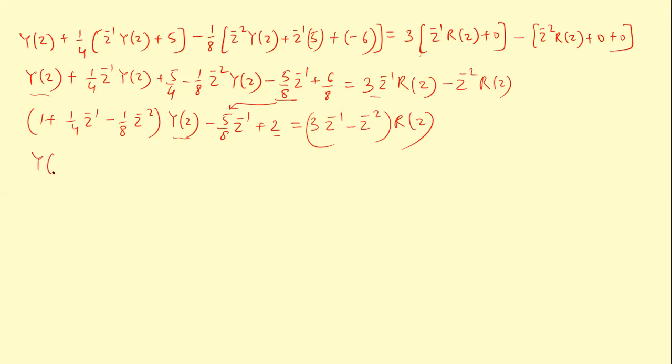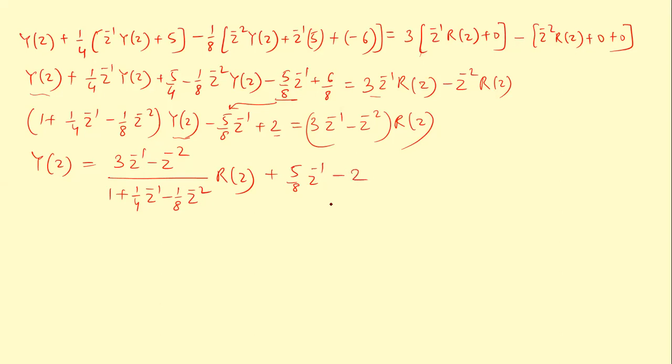So we're going to further simplify this as we'll take all the other terms to the other side, right? So 3z inverse minus z inverse square divided by 1 plus 1 by 4 z inverse minus 1 by 8 z inverse square rz, and then we have plus 5 by 8 z inverse minus 2, right?